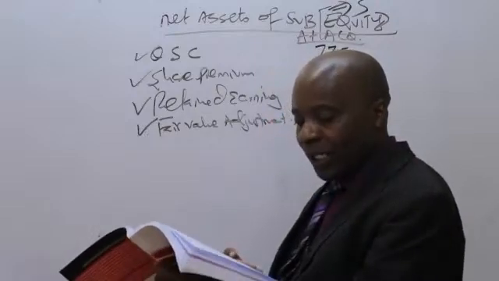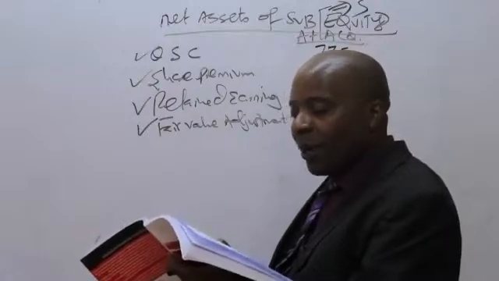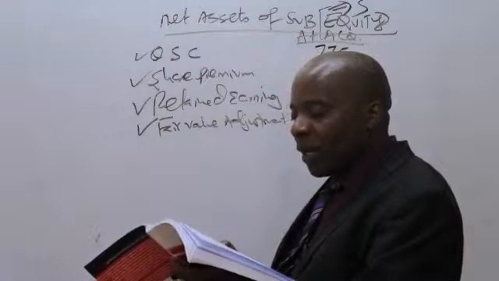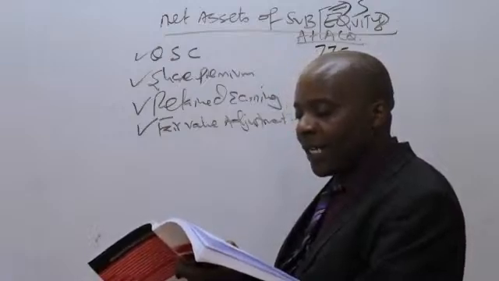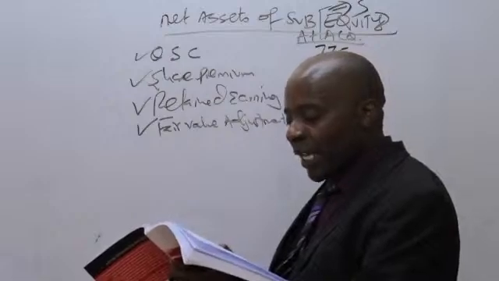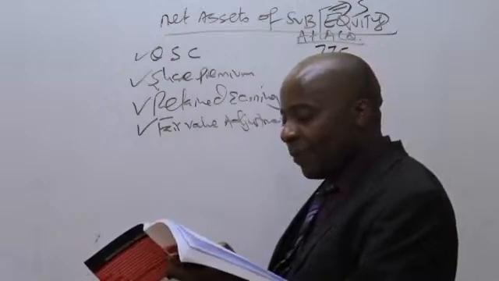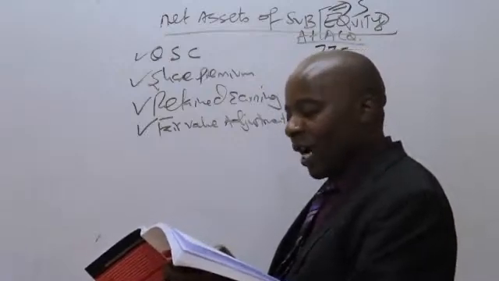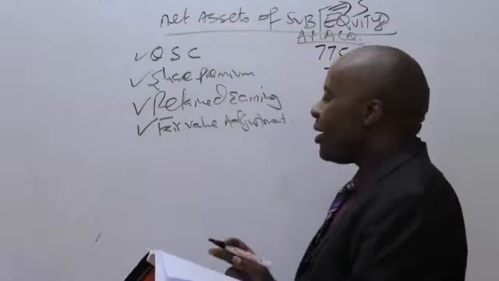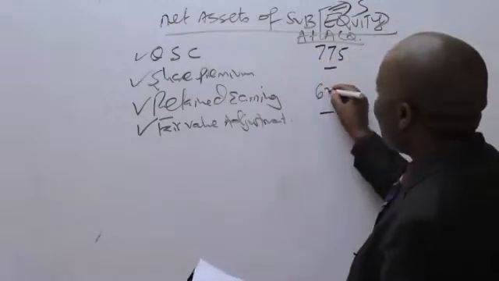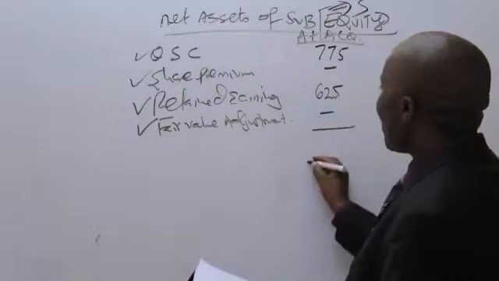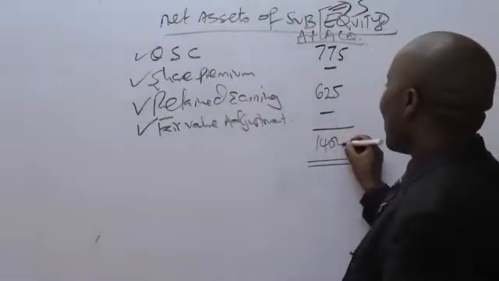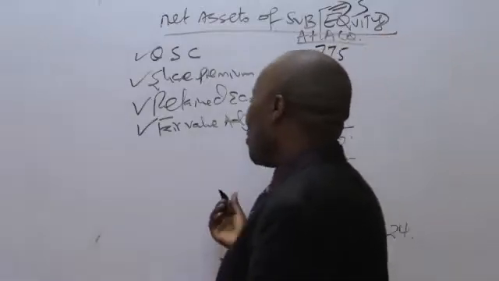They told you in the additional information that S Limited's net assets had a fair value of shillings 1400 as at 1st April 2016, represented by equity share capital of 775 and retained earnings of 625. So add these two, and it comes to 1400. Great. So now you write here goodwill on acquisition.